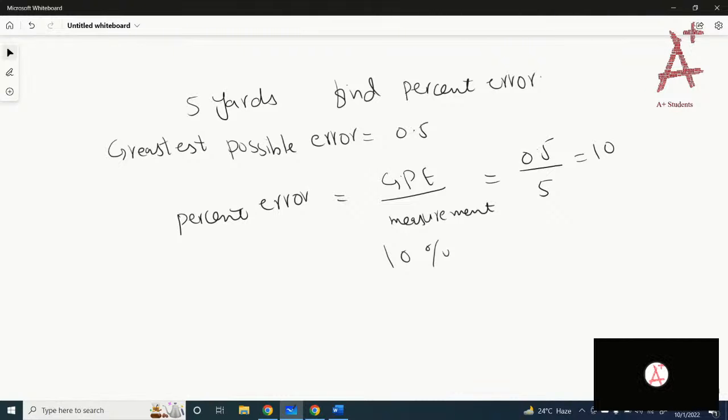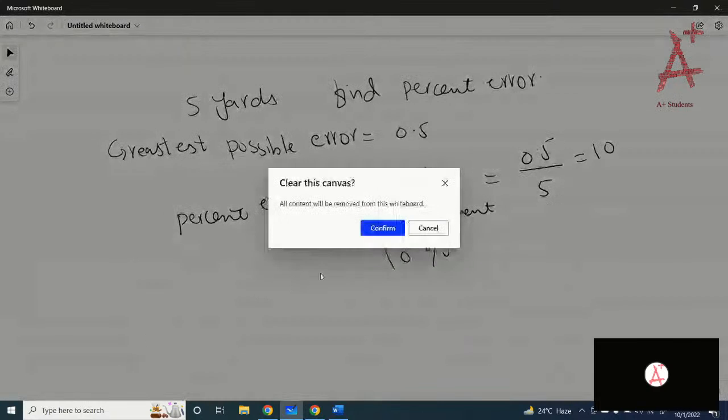Let's do another test question. Select the correct option and click on the OK button. Okay. Write the percent error in a measurement of 2 milliliters. So the measurement is 2 milliliters. So first you have to find the greatest possible error. So the greatest possible error for whole numbers is always 0.5.